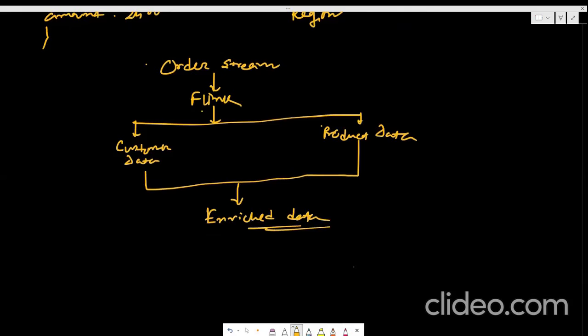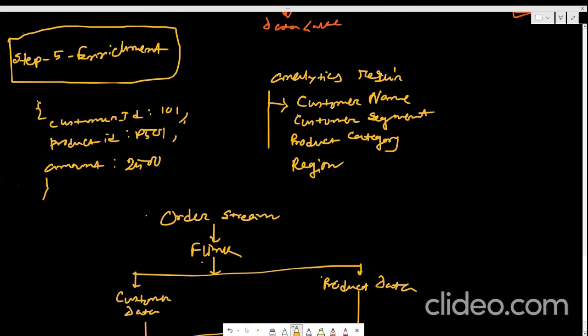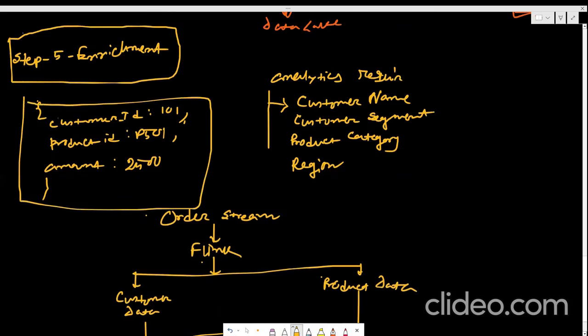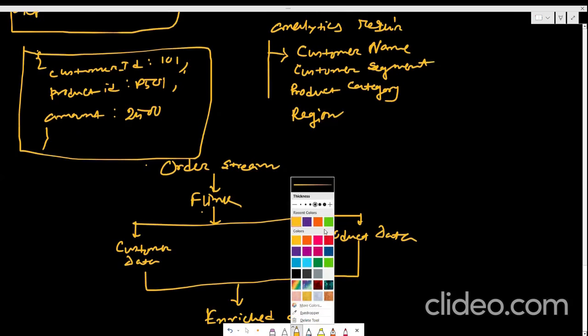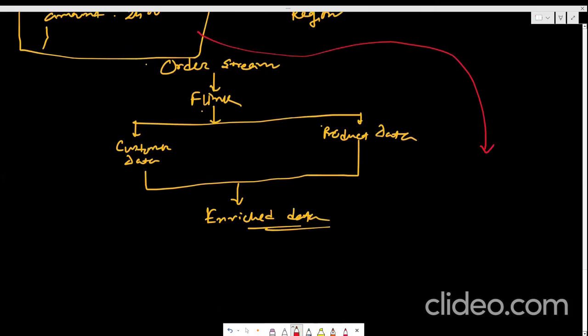In our case, our source data was like that, but through the enriched data, we can convert it in the way I am going to show you.